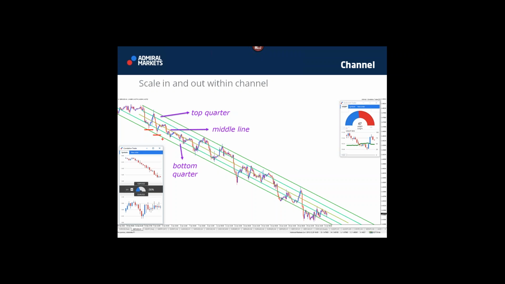Whenever price reaches the bottom, that could be a reason to scale out one of those positions, right? Because in many of these cases, when price does reach the bottom or the bottom quarter at least, then yeah, there is a good chance of some retracement or consolidation. So why hang in there if we can grab some profit and maybe re-enter at a different spot?